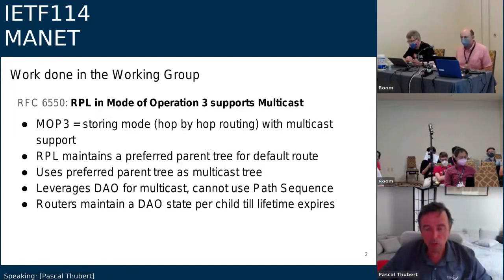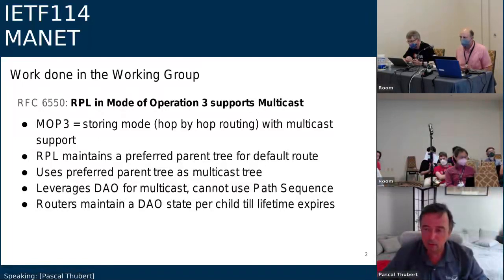In storing mode, you use this DODAG and tell your potential parents about your addresses. Recursively, the potential parents tell their own addresses plus all their children's to the grandparents, etc. So you end up knowing every route downwards and using only the default route upwards. That's the very basics of RPL.